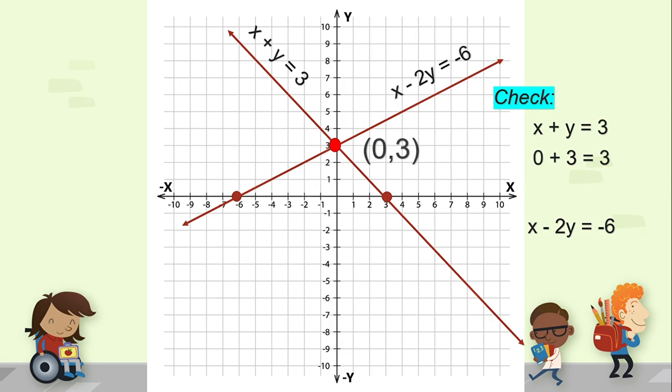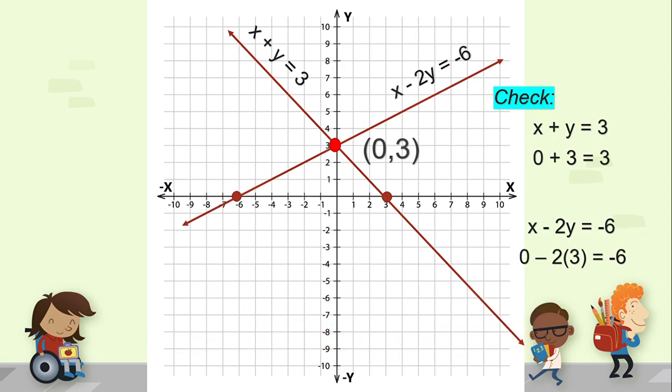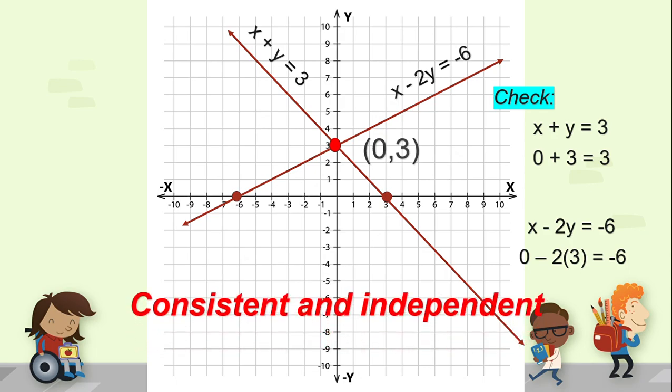Substituting, we have 0 minus 2 times 3, the value of y, is equal to negative 6. Then 0 minus 6 gives negative 6. Since (0, 3) satisfies both equations, the system is consistent and independent.